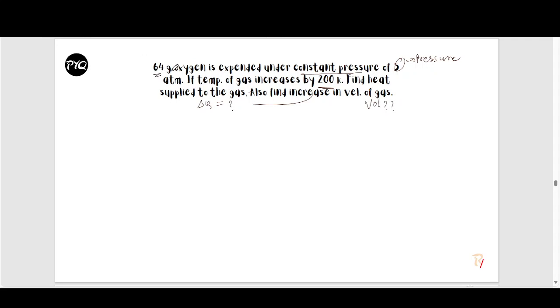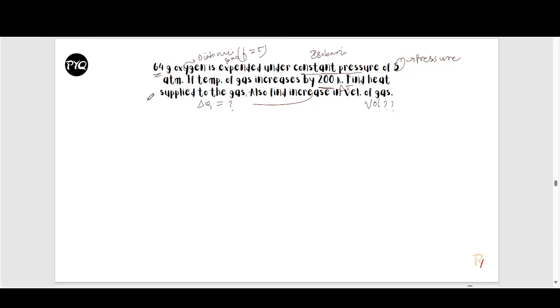It was given oxygen. Oxygen is a diatomic gas. Constant pressure gives me an isobaric process. Therefore, the degree of freedom is 5 at normal temperature. And here del T was given.